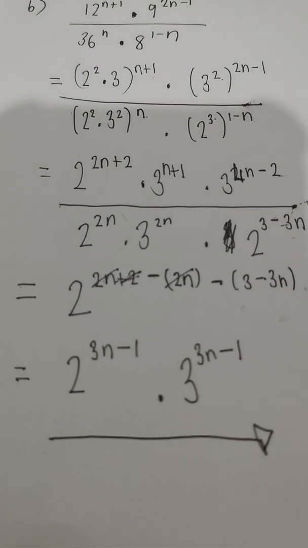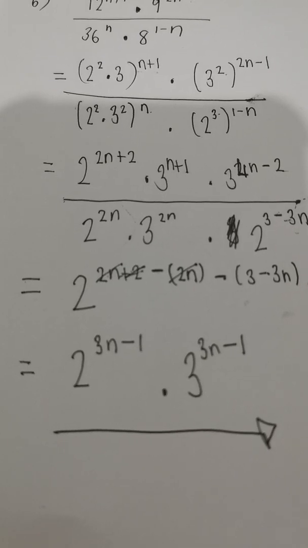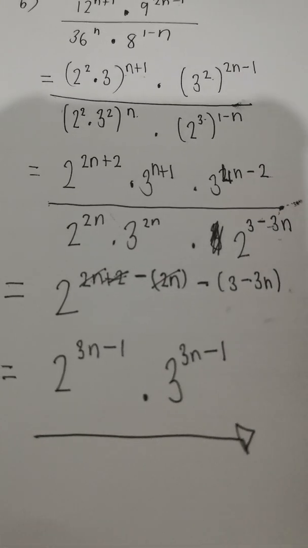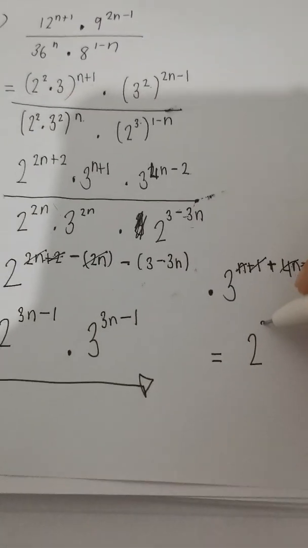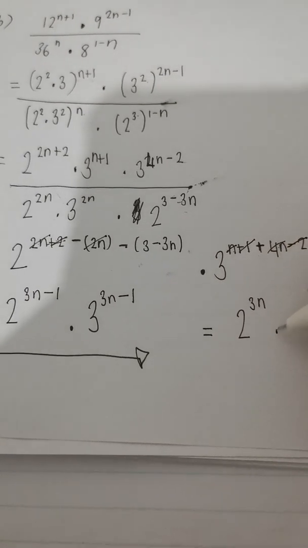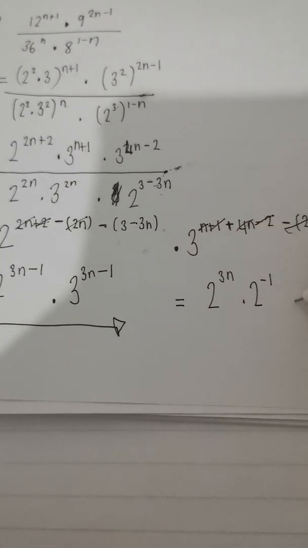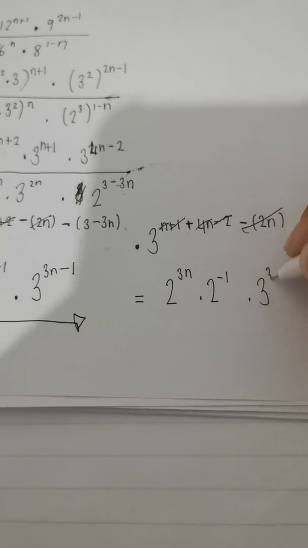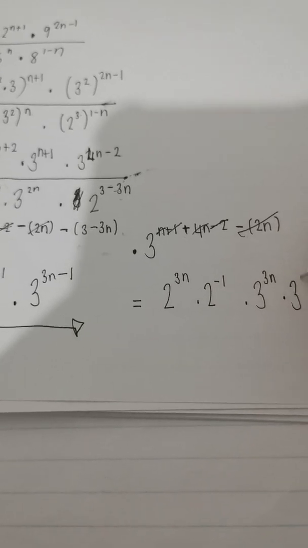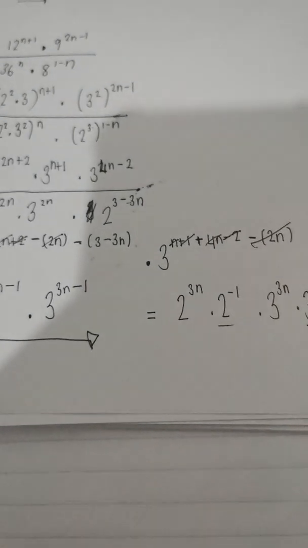If you wanted to, you can take that negative 1s to the denominator by doing this. This is 2 to the power of 3n times 2 to the power of negative 1 times 3 to the power of 3n. So you can take this one and this one to the denominator.